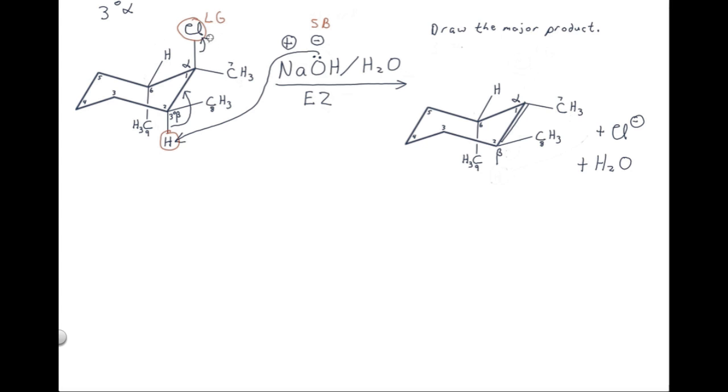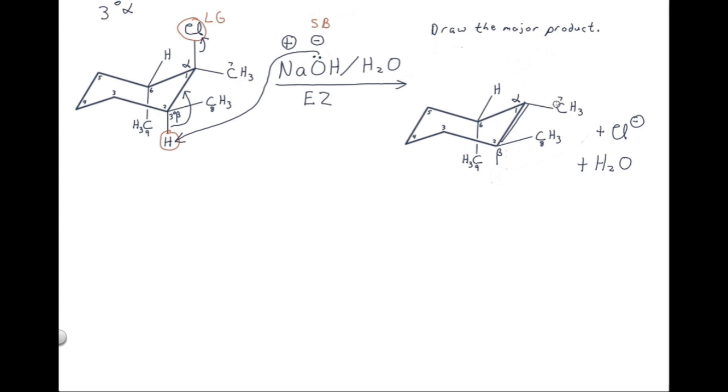The chlorine started neutral and gained electrons, so it becomes negative. Now, one more issue. Remember that in this picture, carbons 1 and 2 are tetrahedral. But now that they're part of an alkene, carbons 1 and 2 should be trigonal planar. So it's best to change the angle of these bonds a little bit more to show that it's trigonal planar.